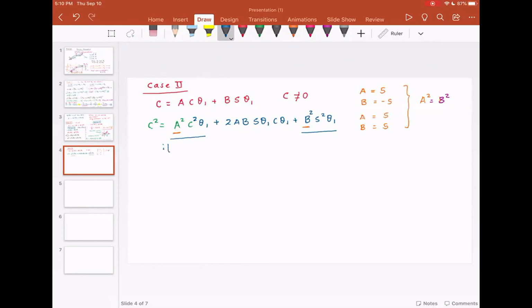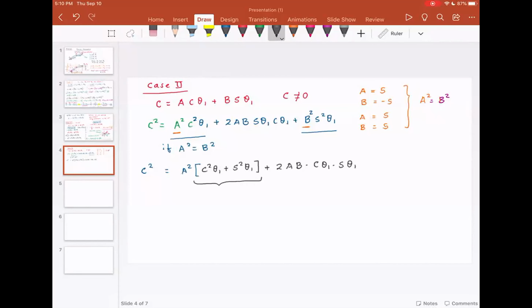If A square is equal to B square, you land up with an equation C square is equal to A square (cosine square theta 1 plus sine square theta 1) plus 2AB cosine theta 1 sine theta 1.